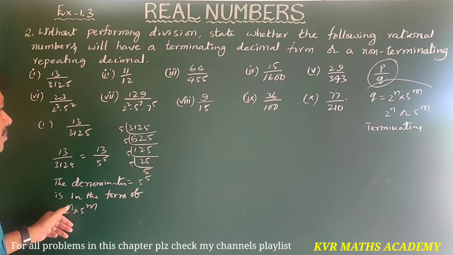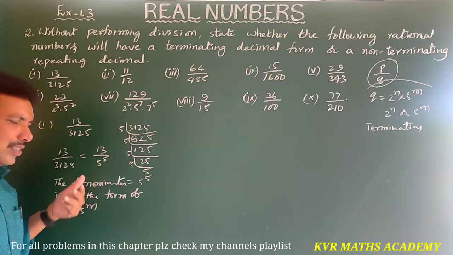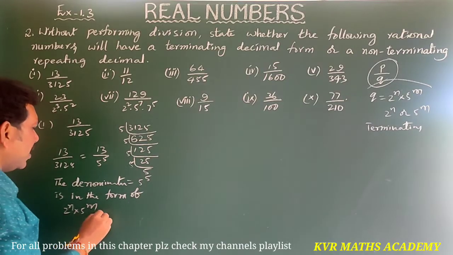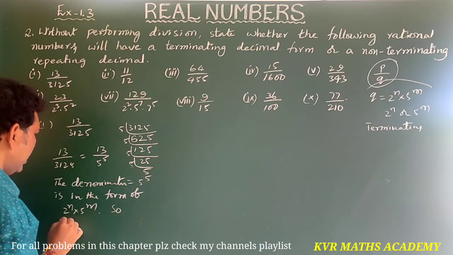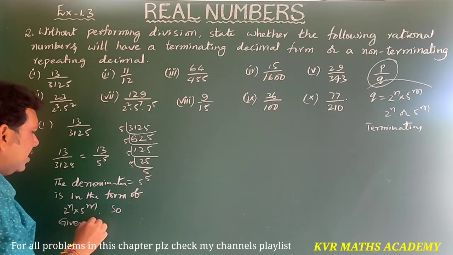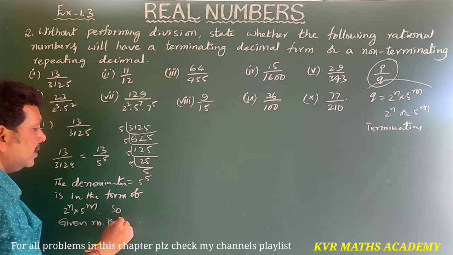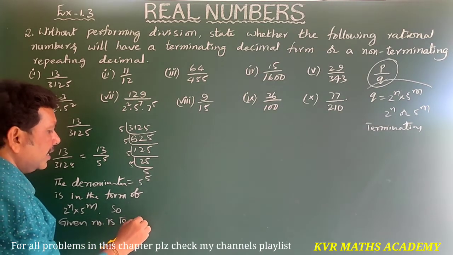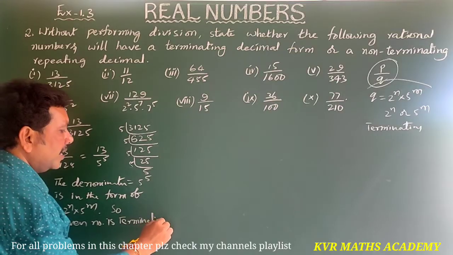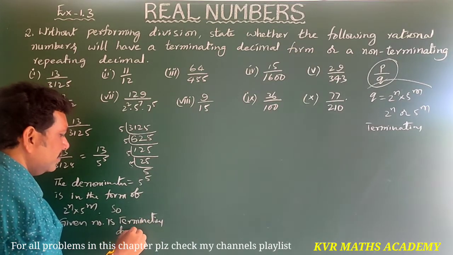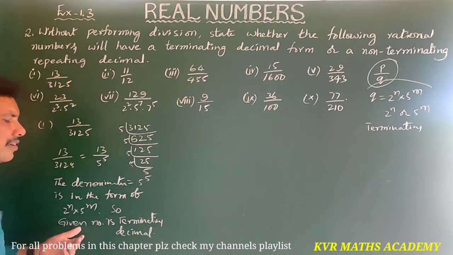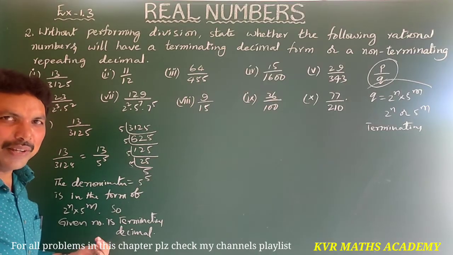Here 2 power n means 2 power 0, and 5 power m. So the given rational number is a terminating decimal.